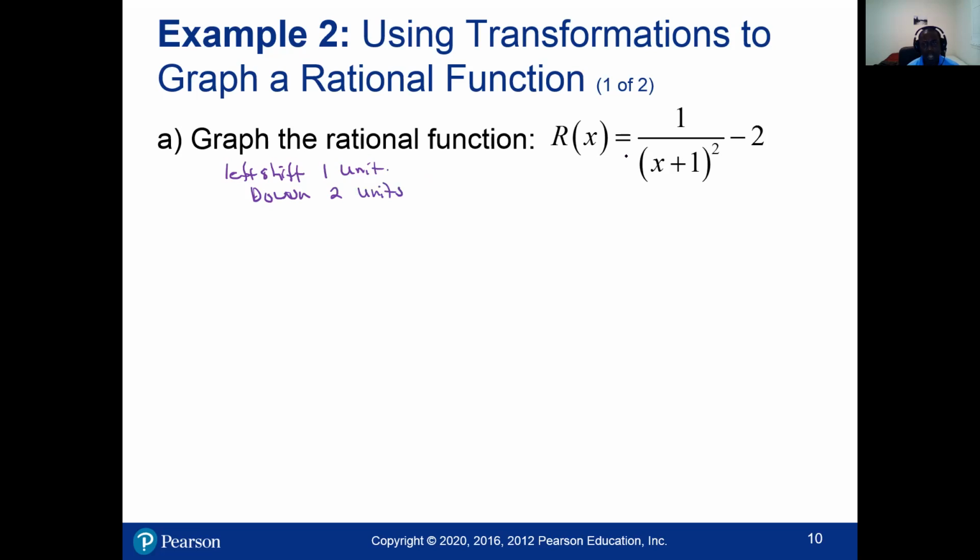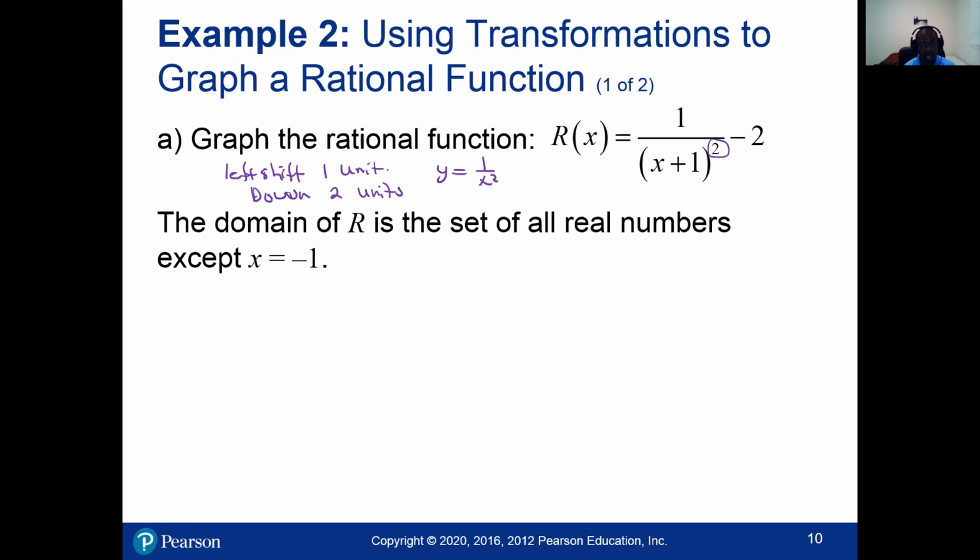For which graph? Now look at this. Because that is 2, it's going to resemble the graph of y equals 1 over x squared. It's an even function, symmetric with respect to the y-axis. What's the domain of this? If you take this and set x plus 1 equal to 0, you have x equals -1.